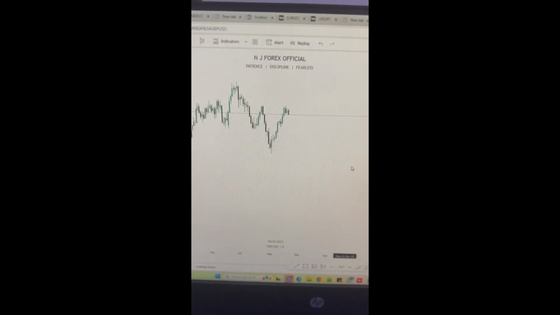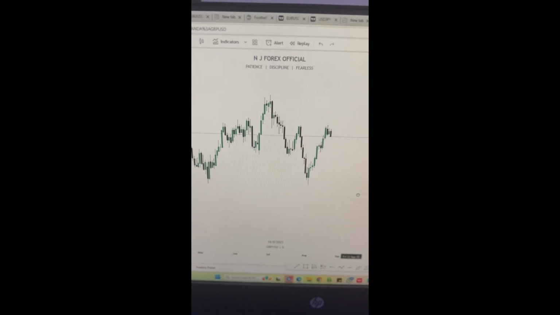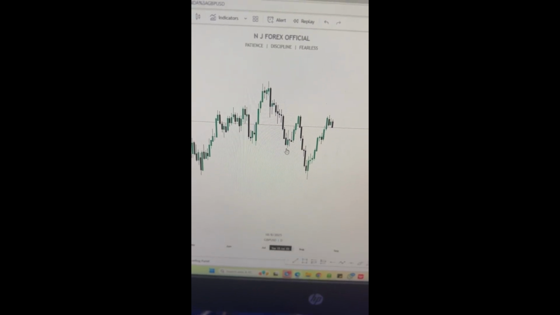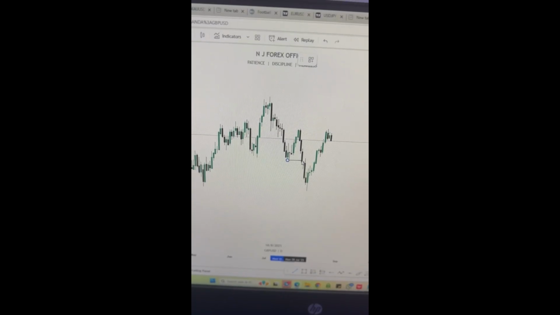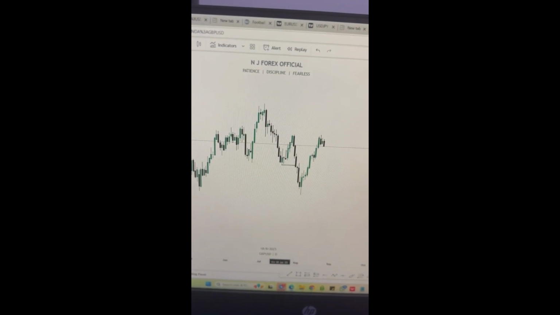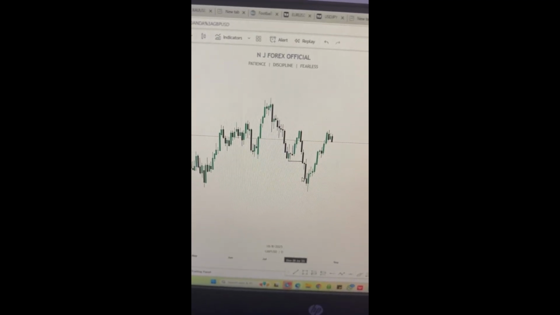So if I zoom closer on the daily time frame, we can see that we had a change of character here. That means, which is a lower low, indicating that the market trend has changed from an uptrend to a downtrend.